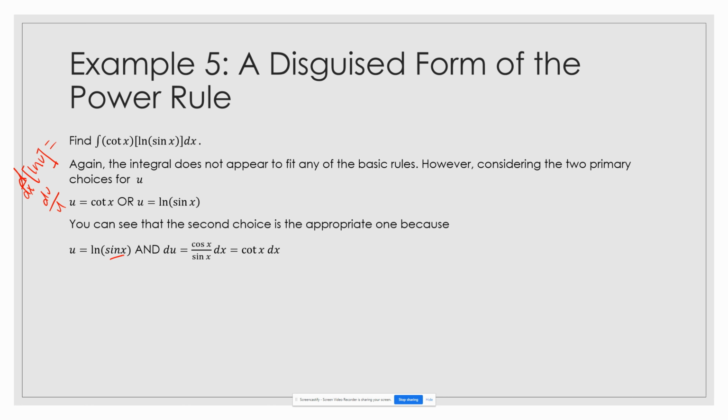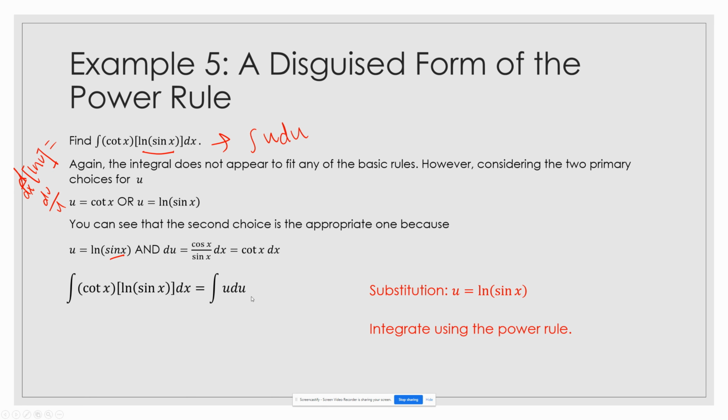Here's our u, and our du would be cosine of x over sine of x, and that is just cotangent of x dx, which means that this integral right here, we could rewrite as the integral of u times du. Now we can use the power rule.